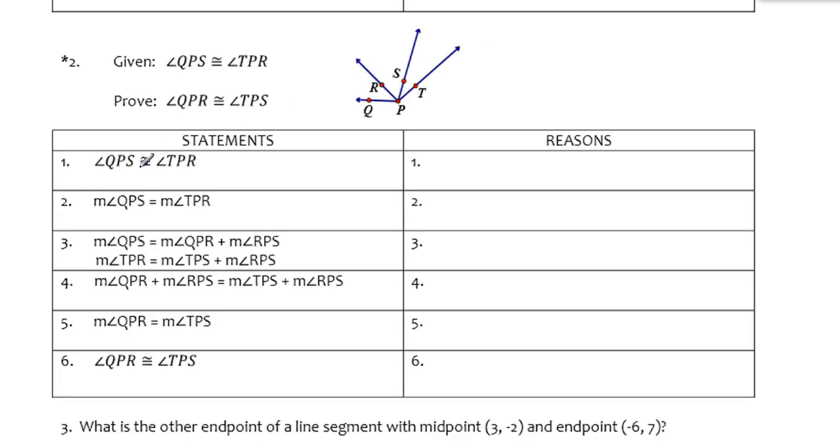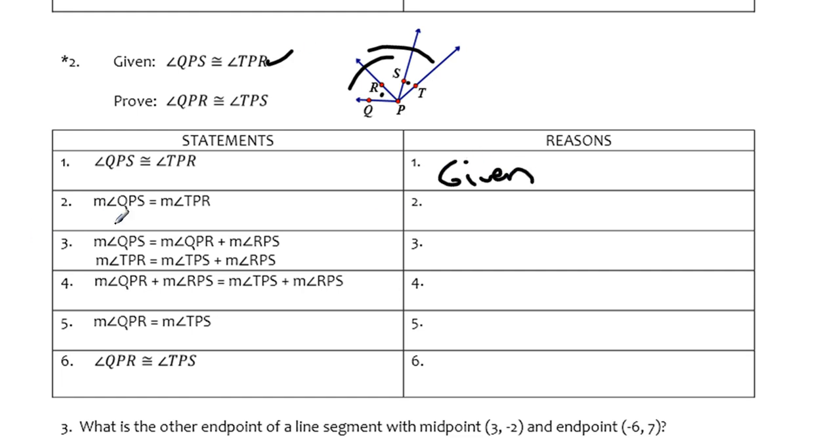Okay, number 2, we're given that angle QPS, Q to P to S here, is congruent to TPR, T to P to R here. And we want to prove that QPR, this little one, is congruent to TPS, this little one. So first statement, QPS is congruent to TPR, that's in our given, so that's our reason.